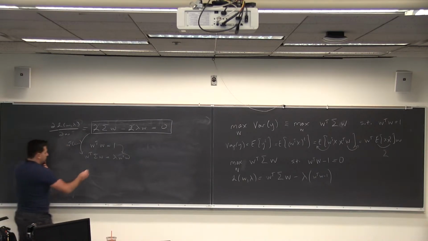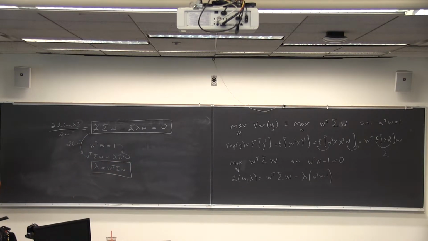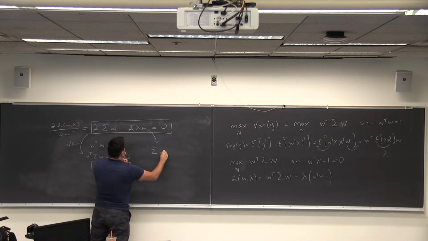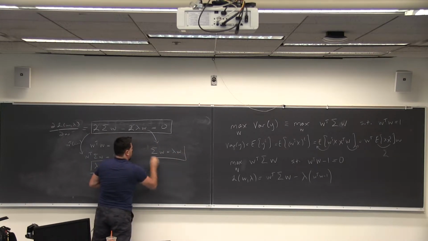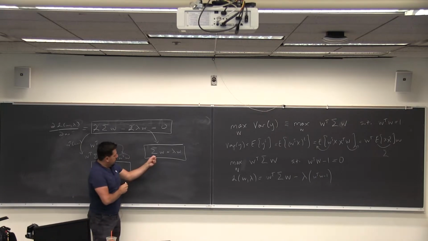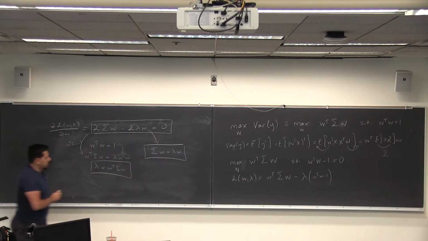So that means lambda must be, at the solution, W transpose sigma W. Again, looking at the solution here, I must have sigma W equals lambda W. So if I combine these two pieces of information, the optimal W will be an eigenvector of sigma. So W is an eigenvector of sigma.